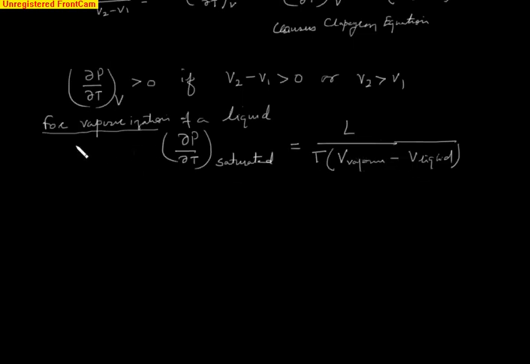That means if you increase delta P, then delta T should also increase, and if delta P decreases, then delta T should decrease.